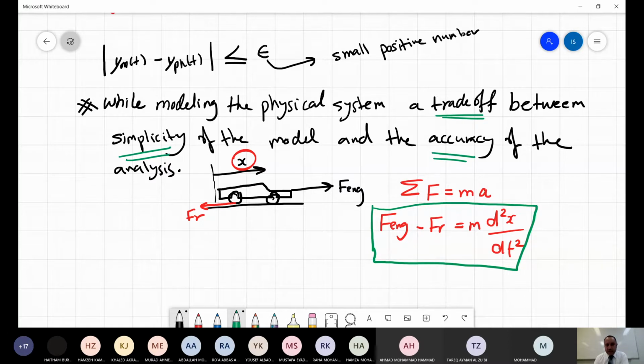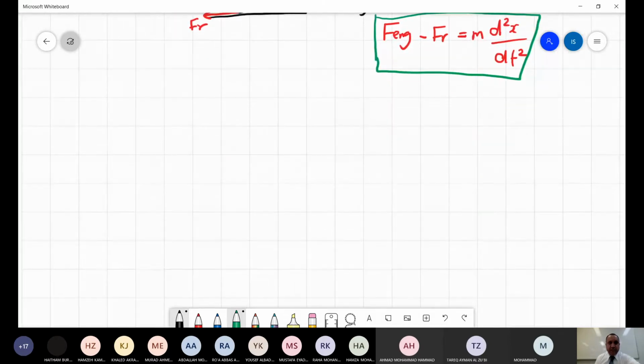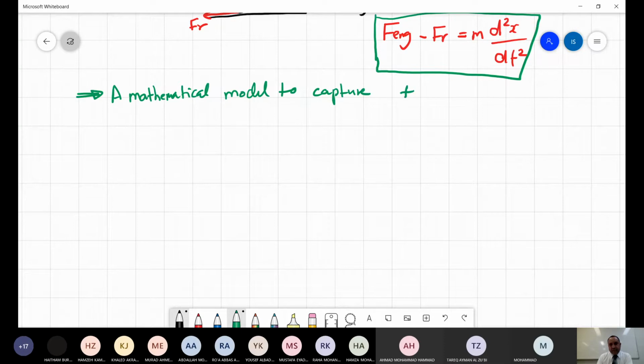Now, what's the meaning of the accuracy of the result? This means that the mathematical model can capture the main feature of the physical system. So the accuracy, or at least we need a mathematical model, to capture the main feature of the physical system.